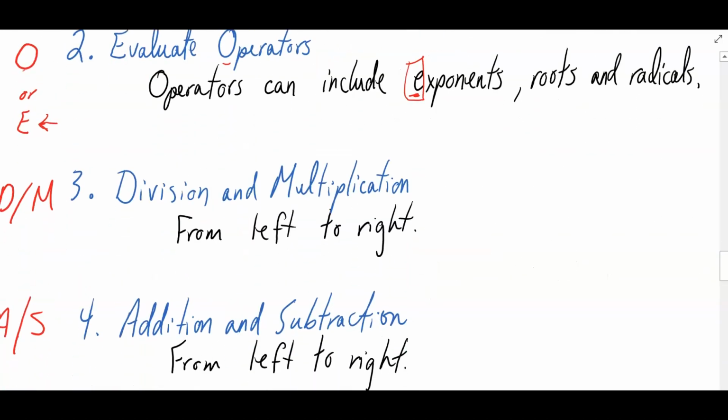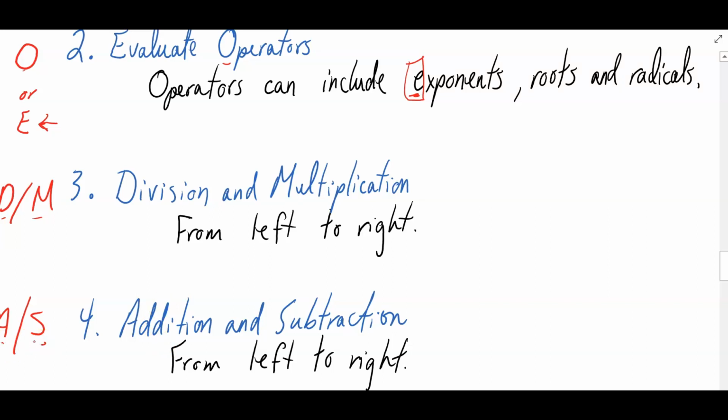Next, we will see that the third step is to perform any division or multiplication from left to right. And that is D and M in our acronym. And lastly, addition and subtraction can be done from left to right.